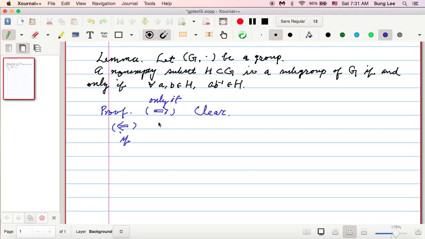Right, so we suppose that for any two elements A, B in H, A B inverse is in H. Okay, so that's our assumption, and under this assumption, we show that H is a subgroup, right?